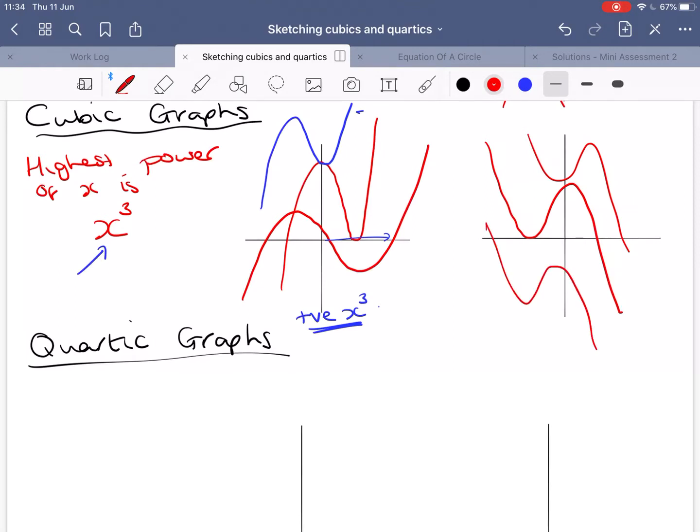It doesn't matter, but they always start in the top left and end in the bottom right. And the way you can think about that is if you have a negative x cubed, well, you're taking the minus of an x cubed. So as x gets bigger, x cubed is going to get bigger, but when you then put the negative sign in front of it, it means it's getting smaller, okay?